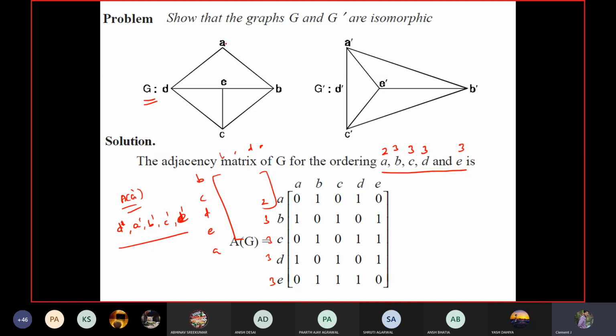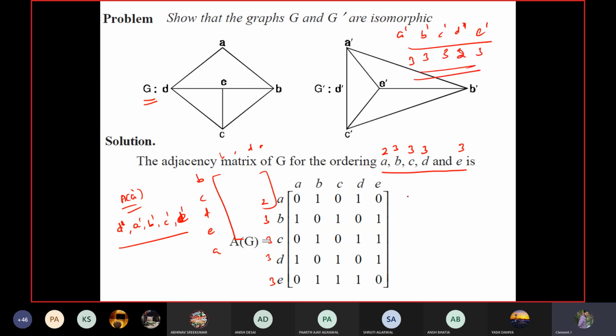Because here it follows the order 2, and the remaining vertices are 3. But in your G dash, if we start from A dash, B dash, C dash, D dash, E dash, the sequence will be 3, 3, 2, 3. It will show the order like this.